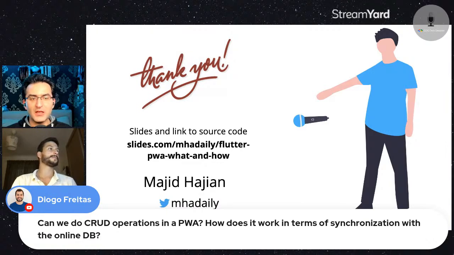But generally, what I showed you today was mostly about getting stuff, or read, let's say. Let me explain a couple of things. When you say a CRUD operation, a PWA is a web application. It's nothing else, right? So if you can do anything with a web application, you can do it with a PWA.